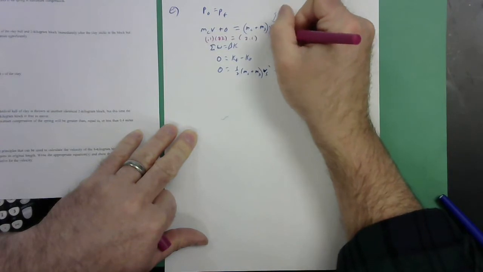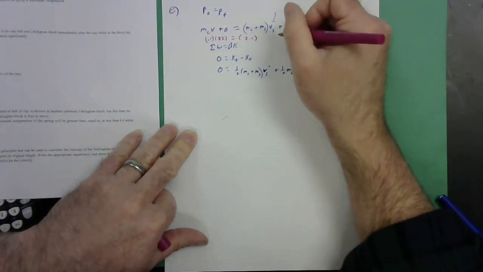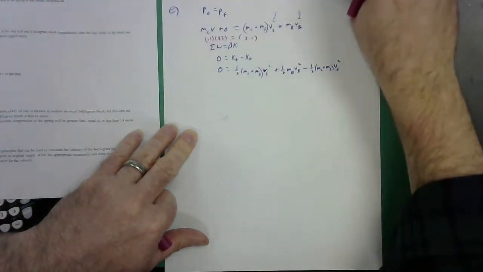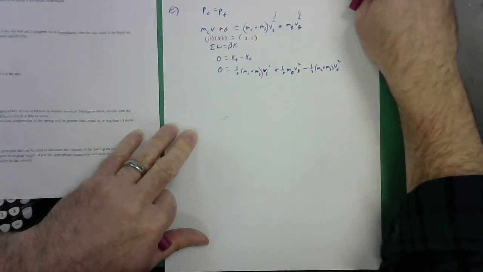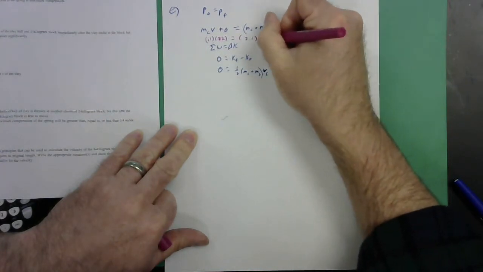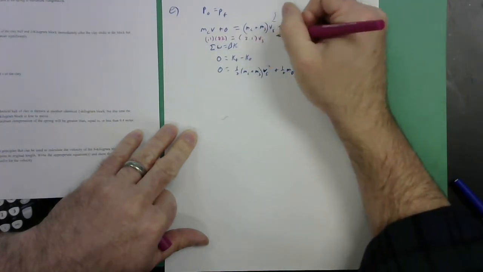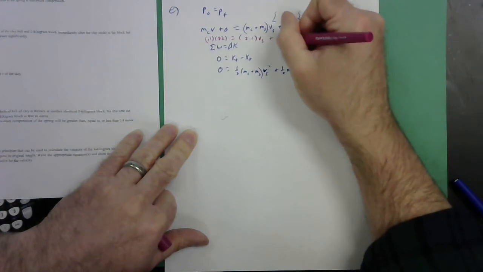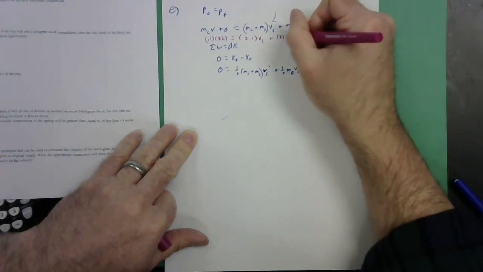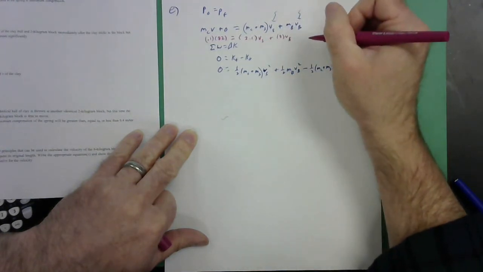The speed of them together, which we solved before... no, we don't know that one. Right, we don't know that. V small, plus the mass of the big block, that is 8, times the velocity of the big block at the end that we're trying to find.